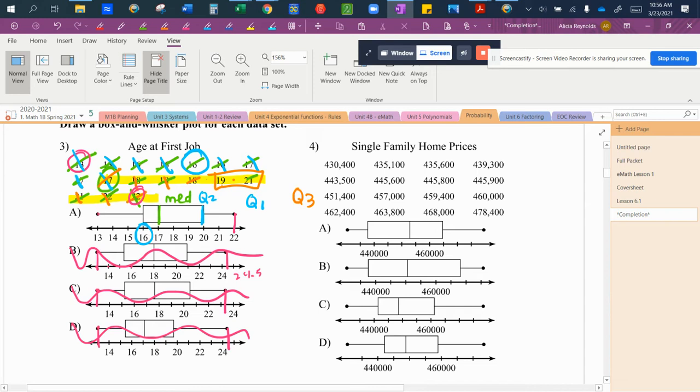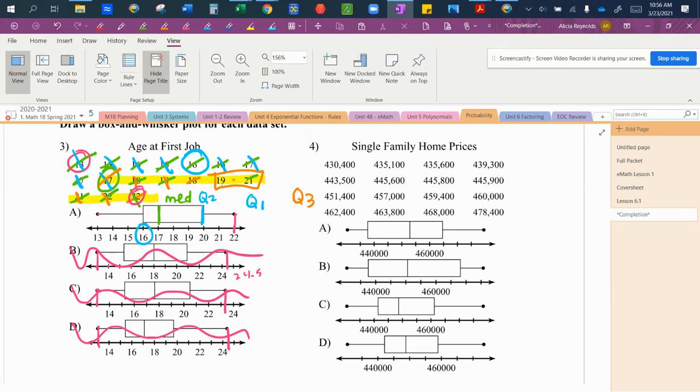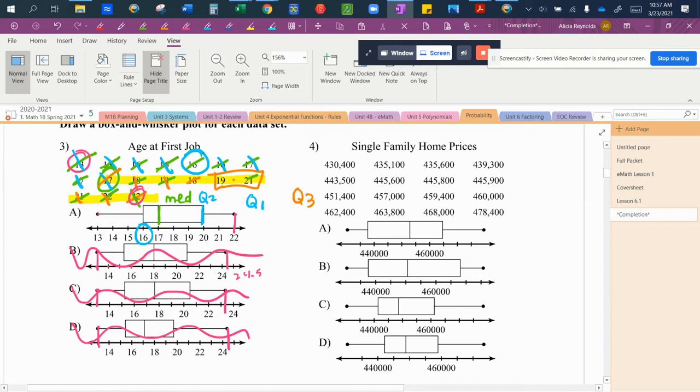Now, to find Q1 and Q3, I have to figure out the middle of the lower half of my data. If I cross off one number from each side, we get these two 16s in the middle.